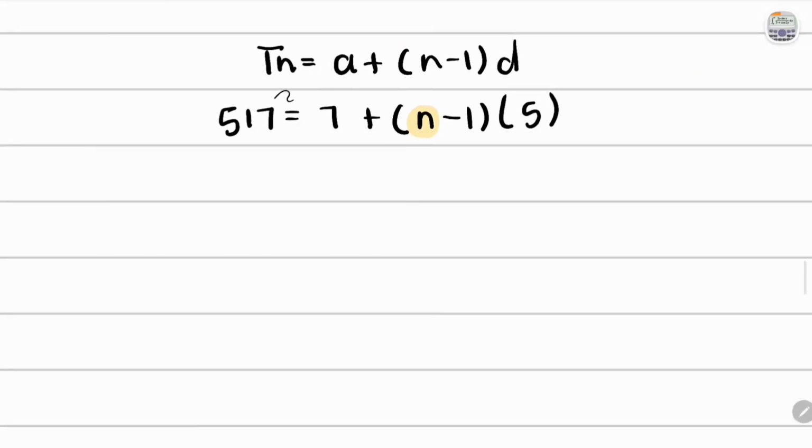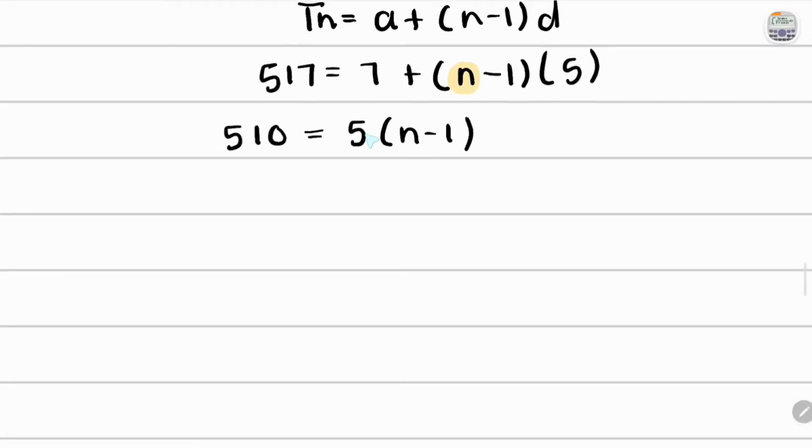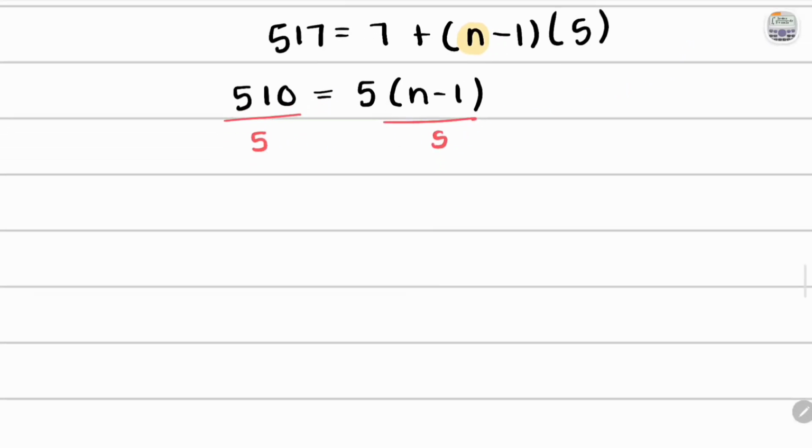Okay, we can do this by taking 7 over. You see that 517 minus 7 is going to be 510 is equal to, and we can rewrite this like this. Because this is just one term, we can rewrite that 5 in front and we have n minus 1. And then we can get rid of the 5 by dividing both hand sides by 5. 510 divided by 5, that's 500 divided by 5, which is 100. 10 divided by 5, which is 2.